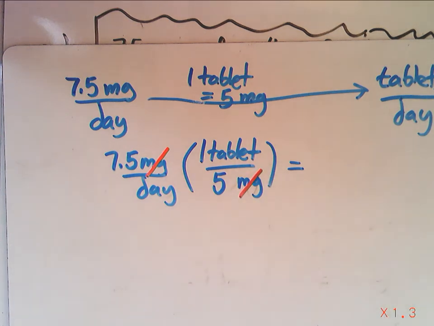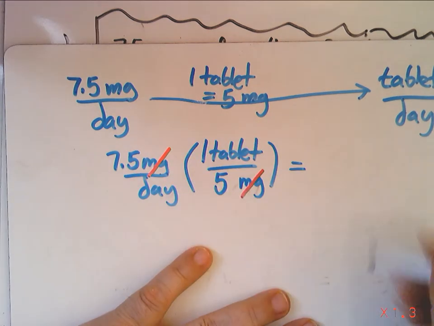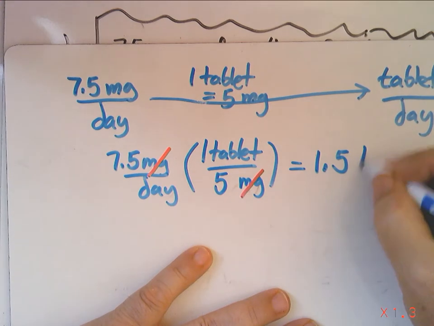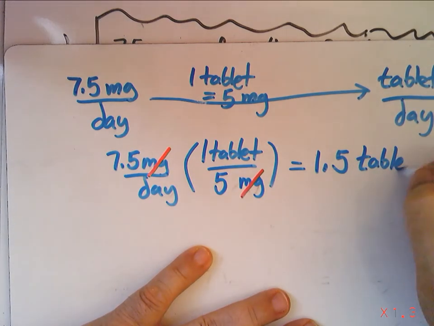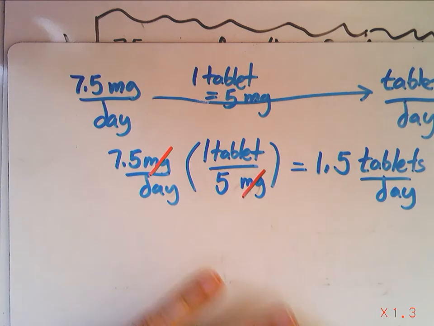So I can pick up my calculator and calculate 7.5 divided by 5, and it'll be 1.5, right? So I'm going to tell the patient you got to take a tablet and a half every day to meet the medication order, to do what the doctor is telling them to do.